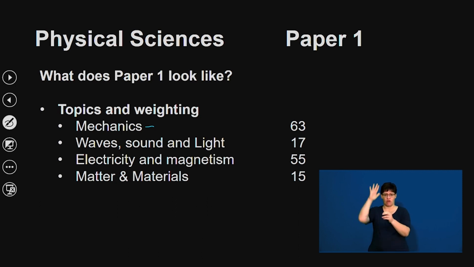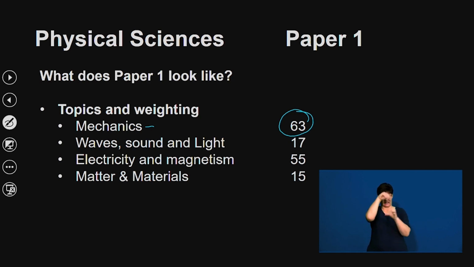We also have questions based on vertical projectile motion, linear momentum, as well as work, energy, and power. And then under waves, sound, and light, we are going to look at topics like the Doppler effect. But now, if you look at the mark allocation for mechanics, we've mentioned 4 broad categories that make up the mechanics section.